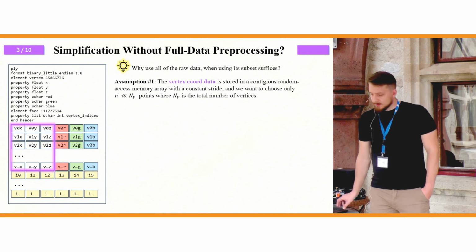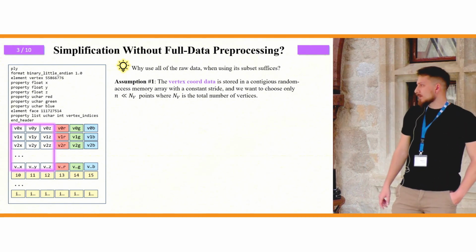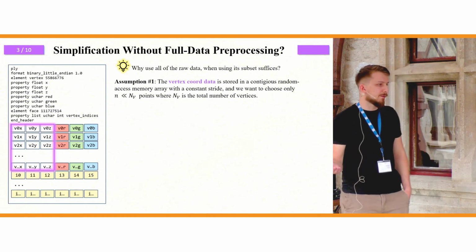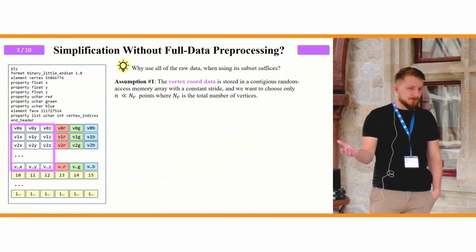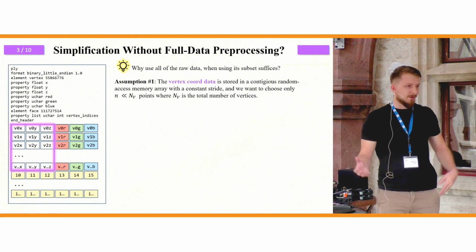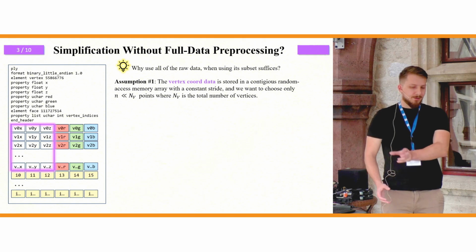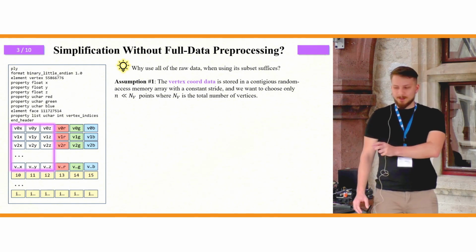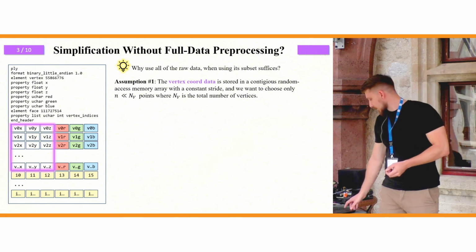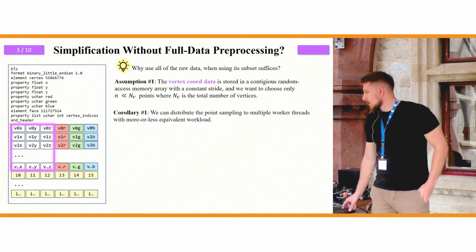The first assumption that we're going to make is that this vertex data, the actual spatial data, is in a contiguous memory block with some stride, so we are able to read regular blocks of it and figure out where the actual coordinates lie. So that's the first assumption.